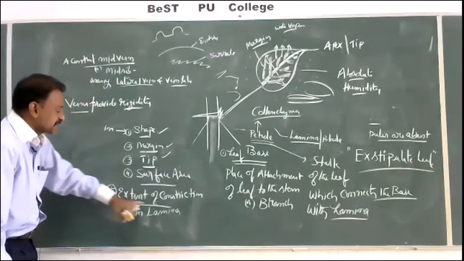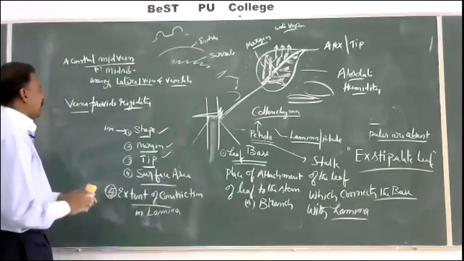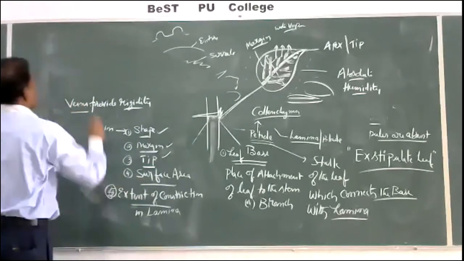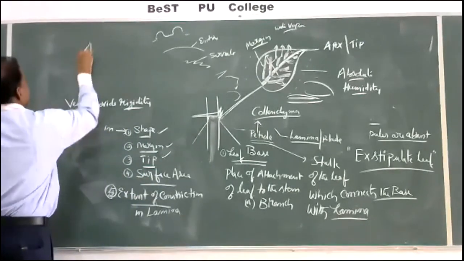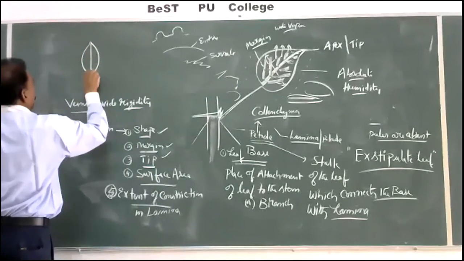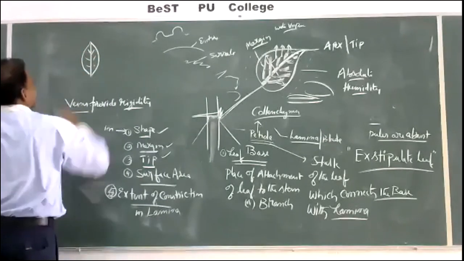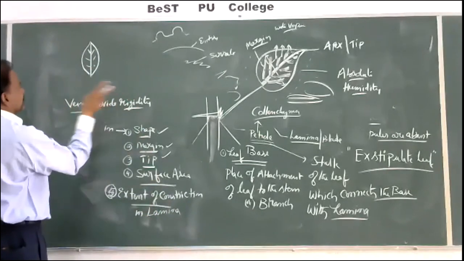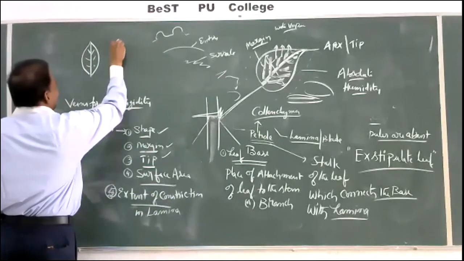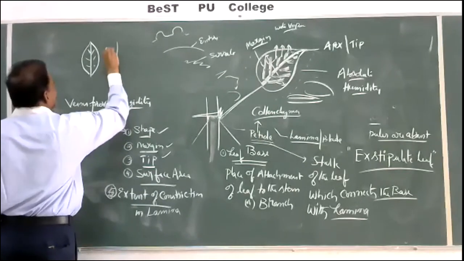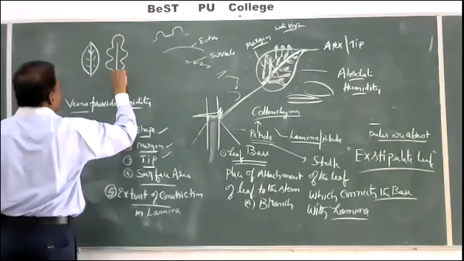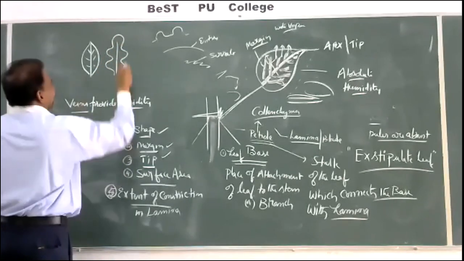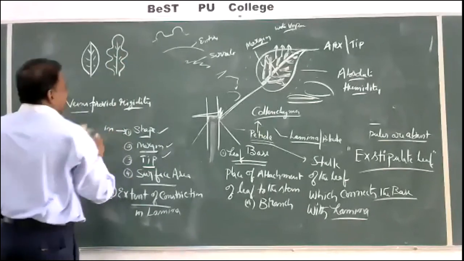We will see the extent of constriction in the lamina. We will see it again in the next class, but let us see it briefly. This is a lamina. There is no constriction. Constriction means a cut or a bend. Here is another leaf. This is called constriction. This is another leaf.